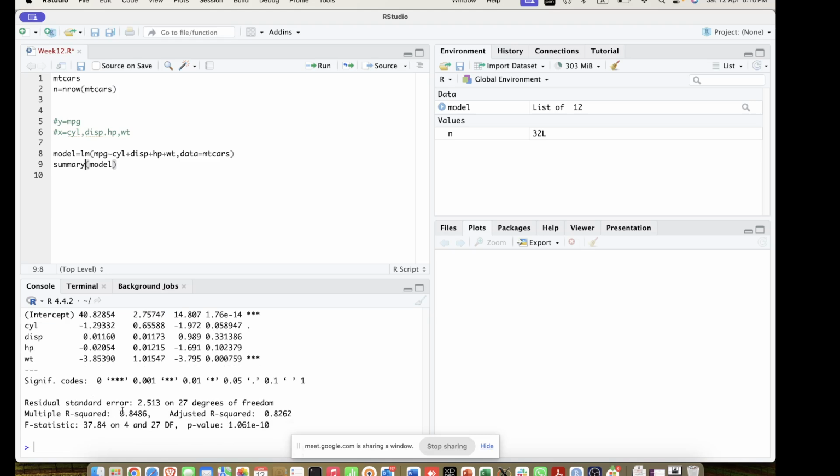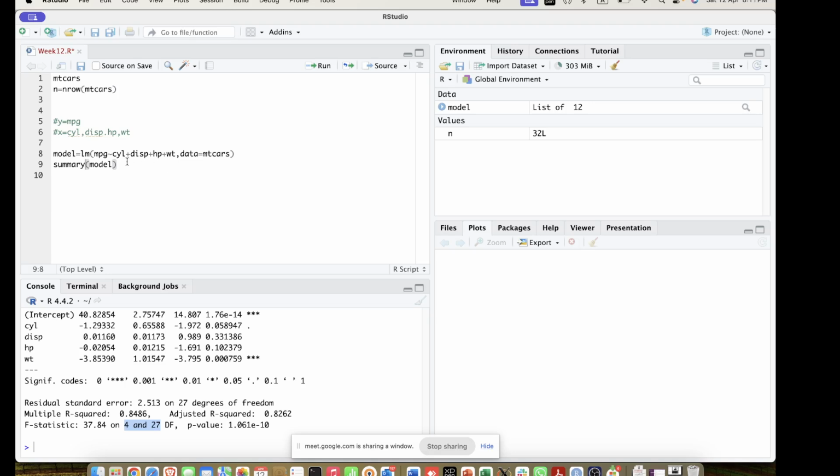From here I get the multiple r squared, that is the coefficient of determination, and the adjusted r square. The f statistic is the f statistic that we talked about, and the dfs are k minus 1 and n minus k.